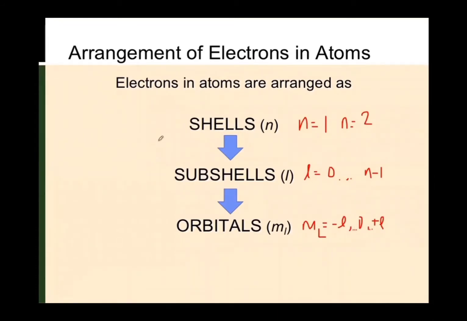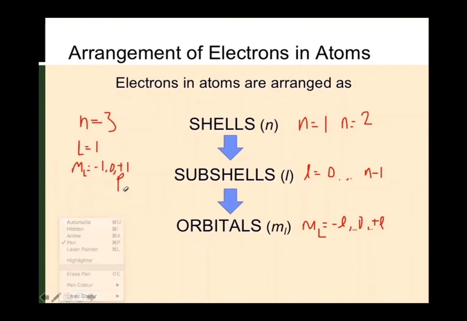So for example, the p orbital in the n equals 3 subshell: n equals 3, l equals 1, and ml has values of minus 1, 0, plus 1, going from minus l to plus l.